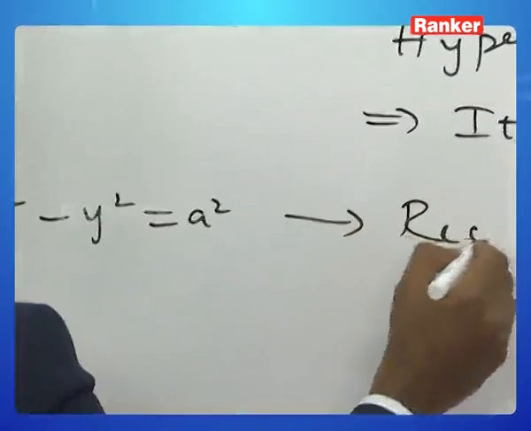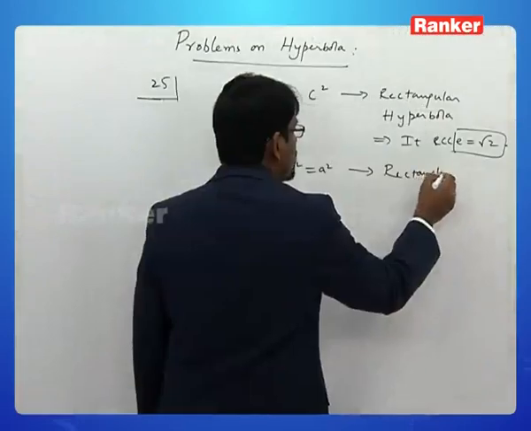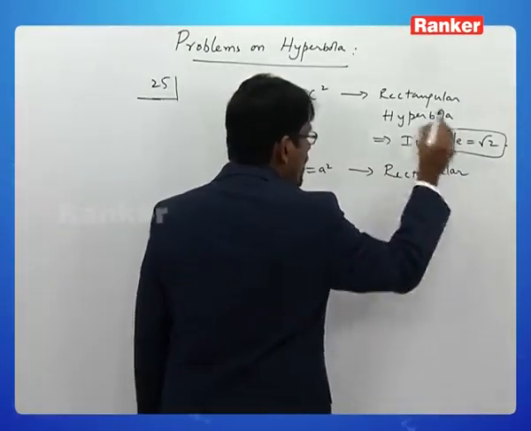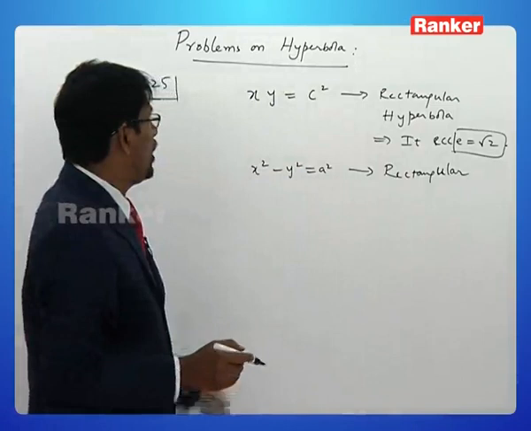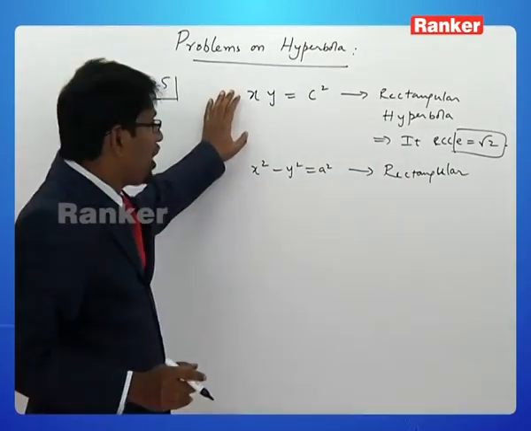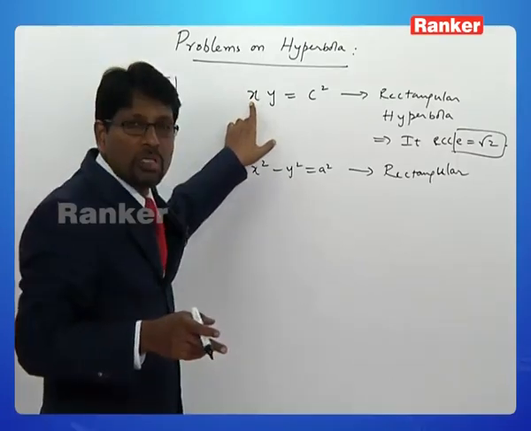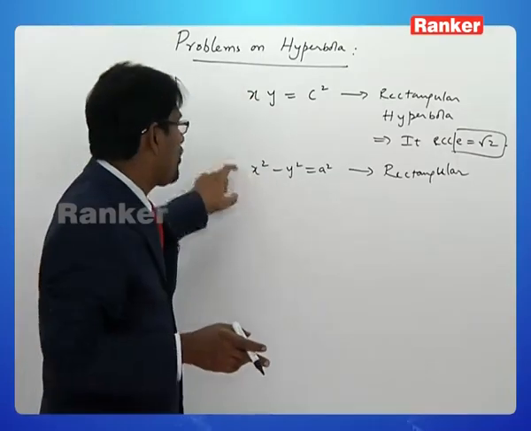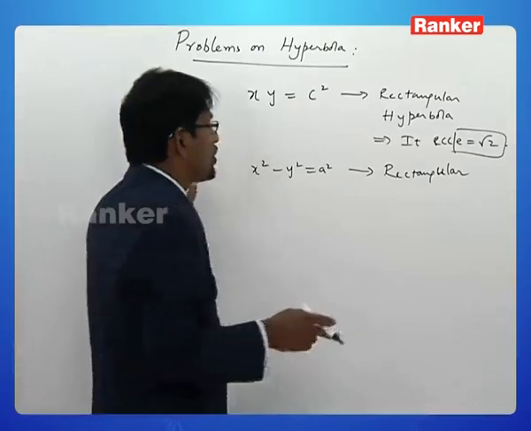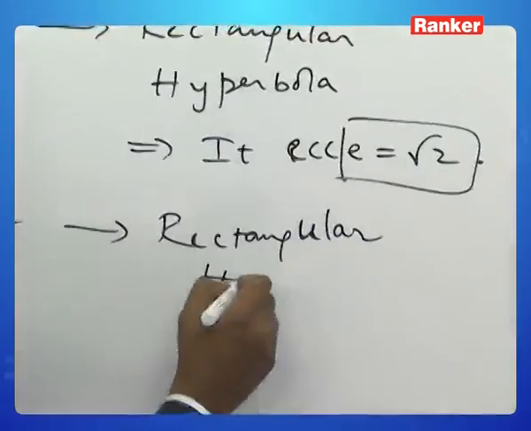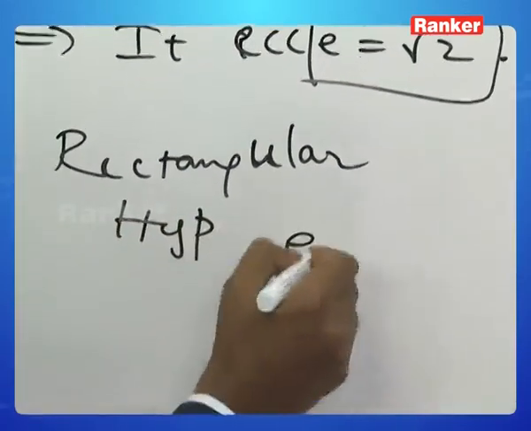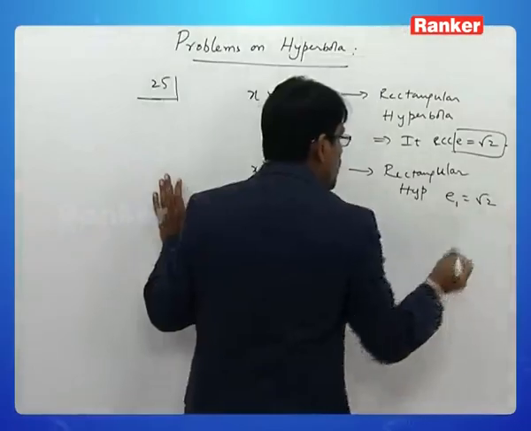These are two different forms of representation of a rectangular hyperbola. With a rotation of the coordinate axes, you can bring xy equal to c square into this form and vice versa. So this is a rectangular hyperbola as well, and its eccentricity e1 is equal to root 2.